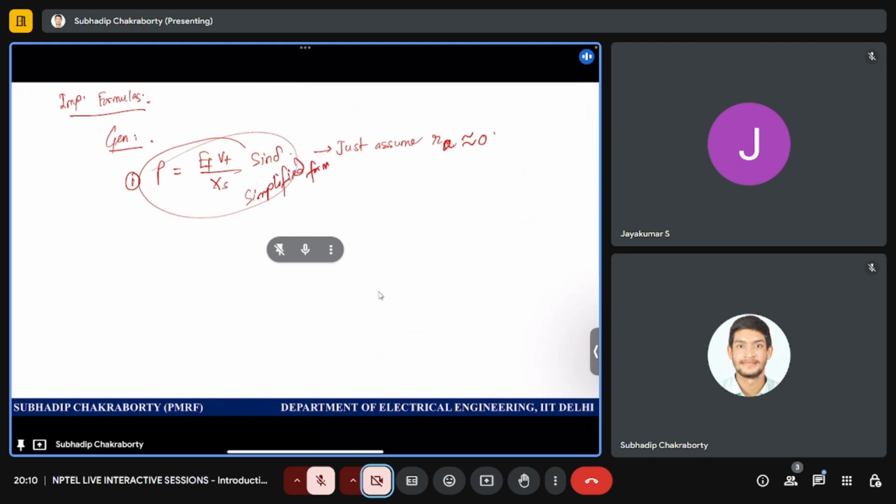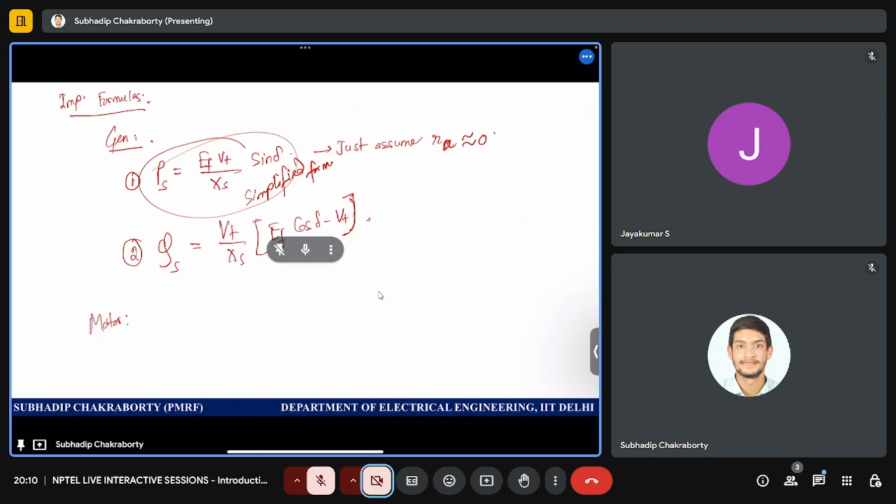This is very useful in all the problems. And Q, reactive power, is Vt by Xs into EF cos delta minus Vt. So this is for the generator.